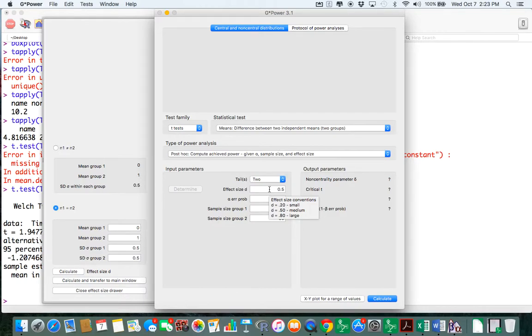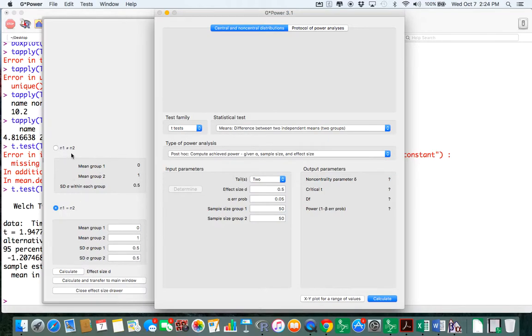Notice that before I do anything, I can hover over that effect size box, and it's going to tell me the range from 0.2 to 0.50 to 0.80, I do believe. Yeah, so small, medium, large, and I'm just writing that down.